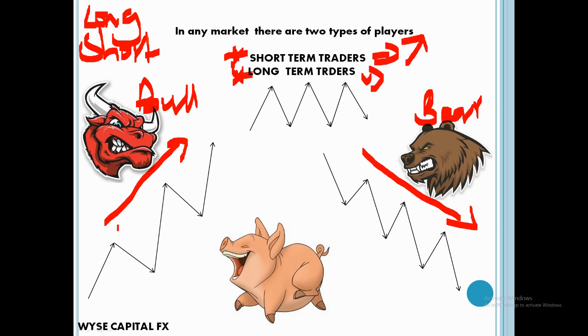If you're a retail trader looking at the long-term players, there are specific characteristics of when the buyers are in control or when the sellers are in control. When buyers are in control, price will tend to be making higher highs and higher lows.